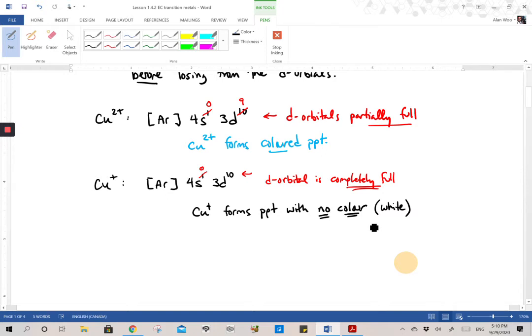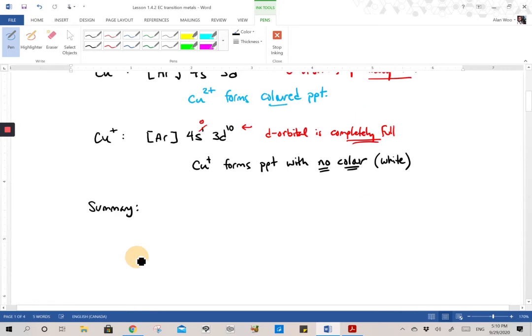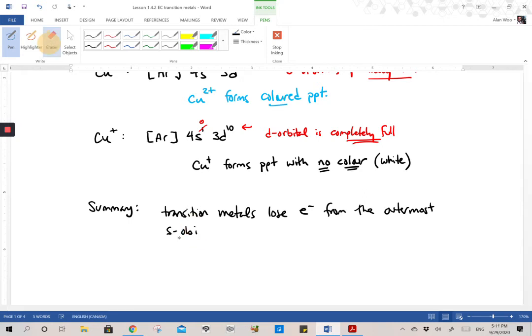So let's summarize. Transition metals lose electrons from the outermost s orbitals first.